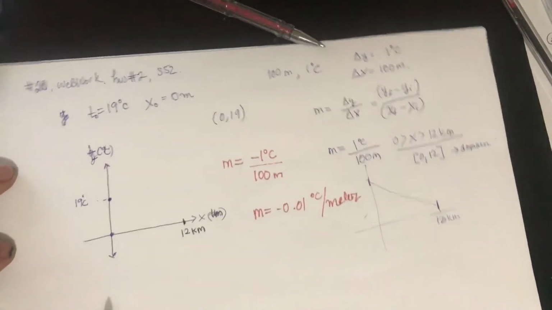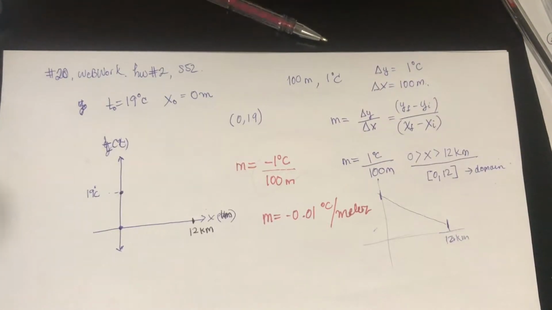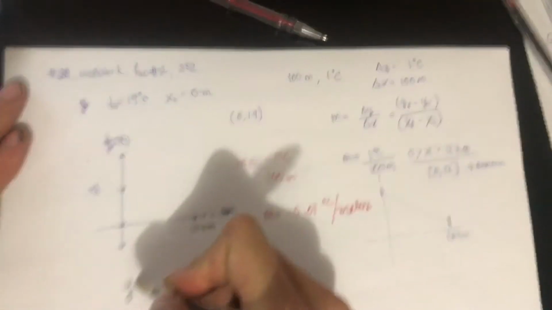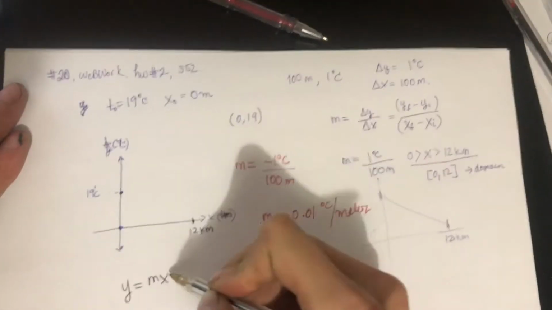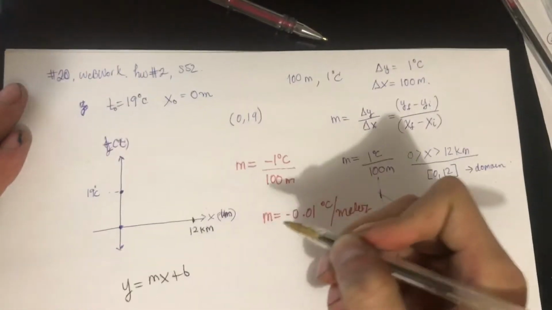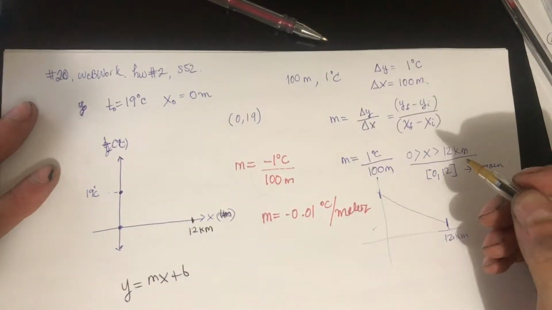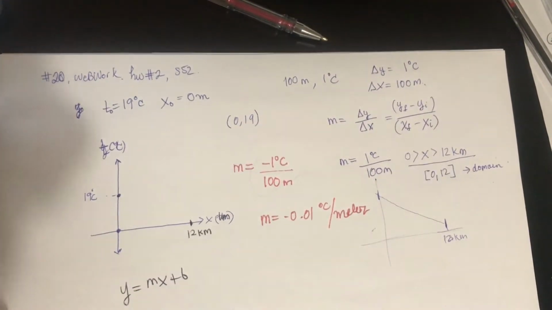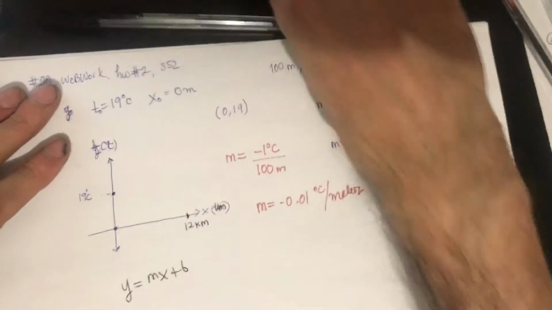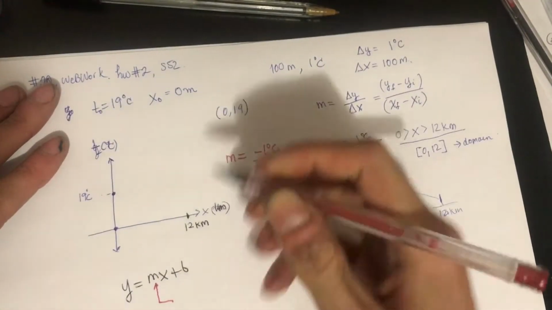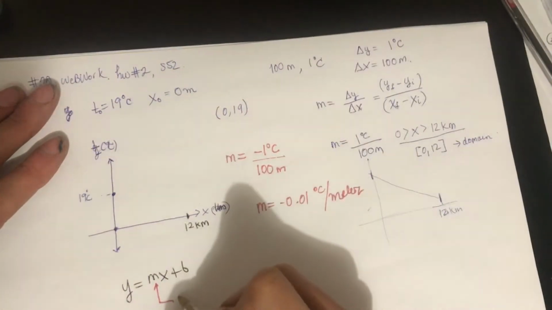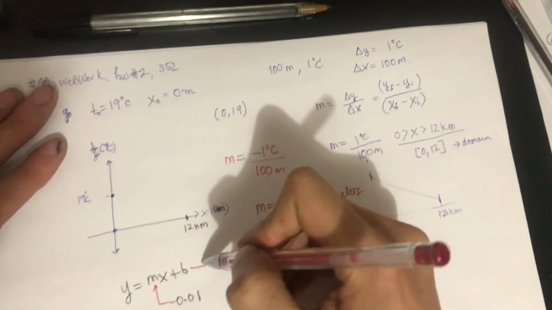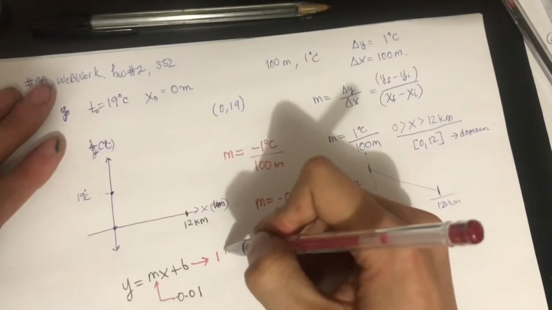And if we apply the formulas and the knowledge that you've been acquiring from previous problems, we can state that in the formula mx plus b, or the point slope formula, my rate of change, or my slope, is -0.01, and that my b is 19 degrees, right?